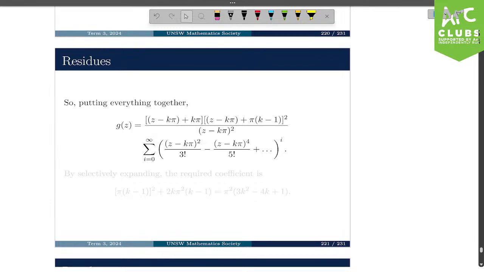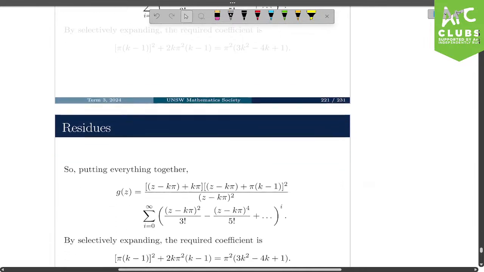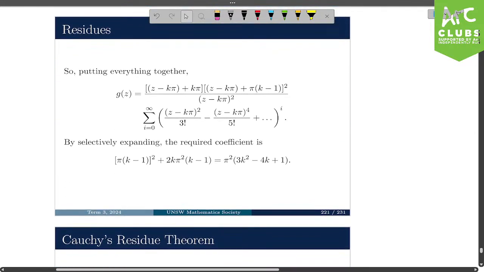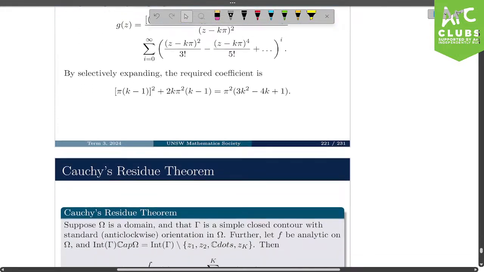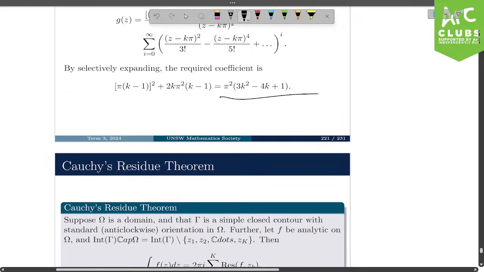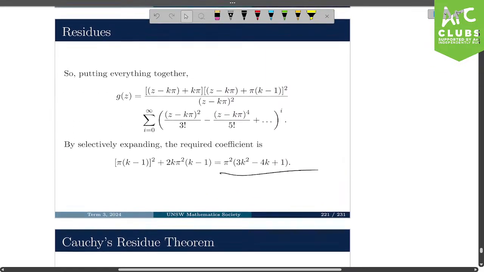Okay, and so what we obtain is pi (k minus 1) all squared over 2k pi squared (k minus 1), which works itself out into pi squared (3k squared minus 4k plus 1).